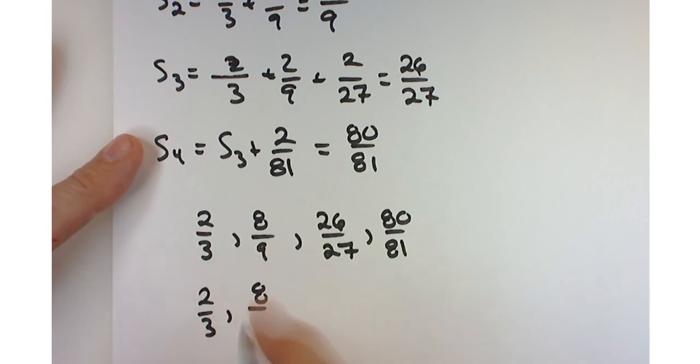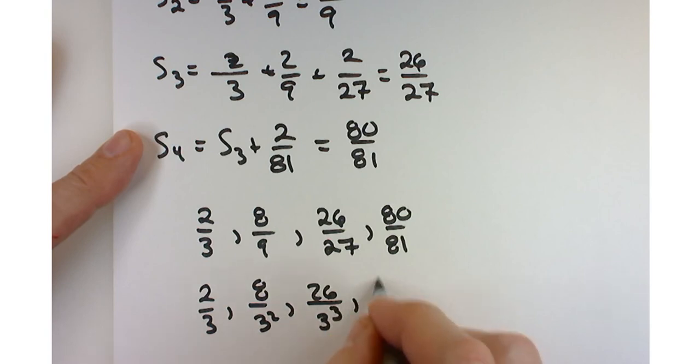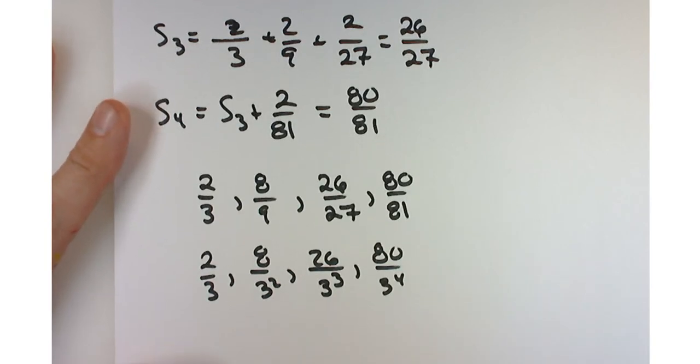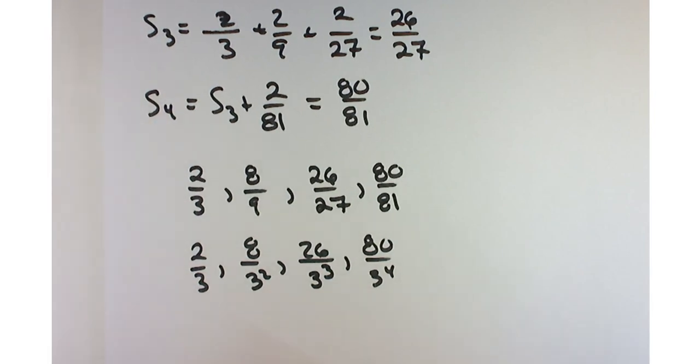The denominator here is 3 squared. What's the denominator with the third term? 3 cubed. And that one's 3 to the 4th. So the denominator seems to be 3 to the nth power somehow. Okay, that much I can believe.